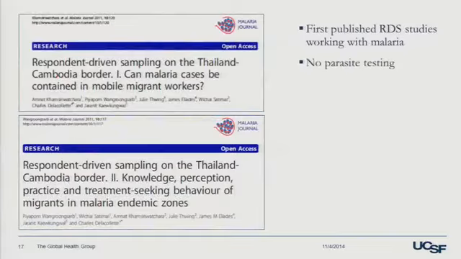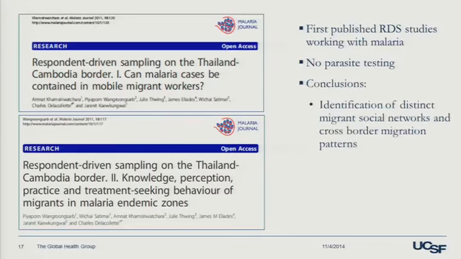RDS studies have actually been done in a handful of places in Southeast Asia where there are a lot of challenges around high-risk populations, and this has been used to try and develop population-based estimates of the specific groups of migrants, such as more long-term migrants or shorter-term seasonal workers. And this has been done on the Thailand-Cambodia border.